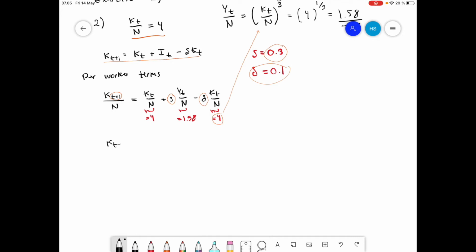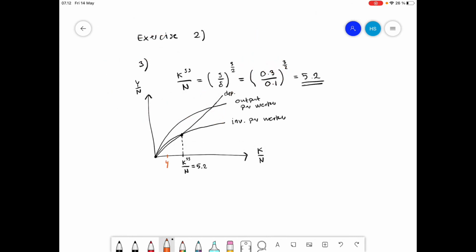So the level of capital per worker in period T plus 1 must be equal to 4 plus 0.3 times 1.58 minus 0.1, that is the depreciation rate, times 4. And if we calculate this, we get that the level of capital per worker in the next period is equal to 4.0.